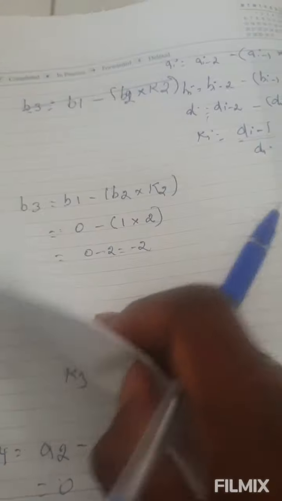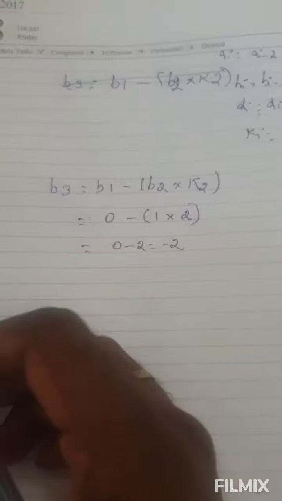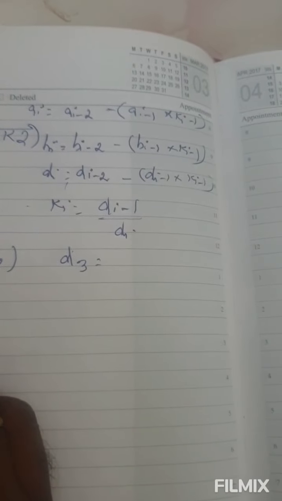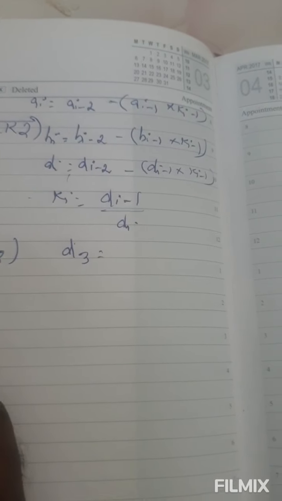Then now I am going to calculate the value of d3. So d3 is equal to, what is the formula? di minus 2 minus di minus 1 into ki minus 1.